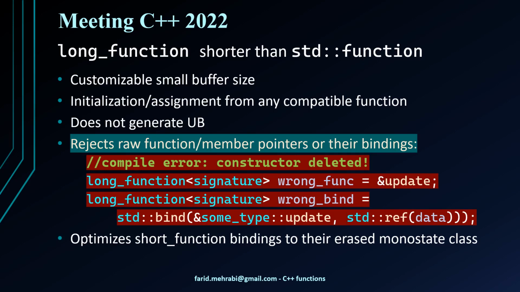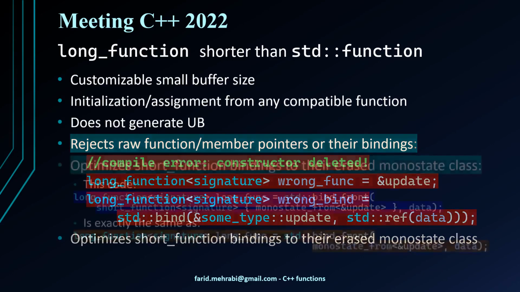Otherwise, we might end up storing a null pointer or random value inside our long function. Function pointers and member pointers should be fed through use of the monostate from and monostate from overload template variables.